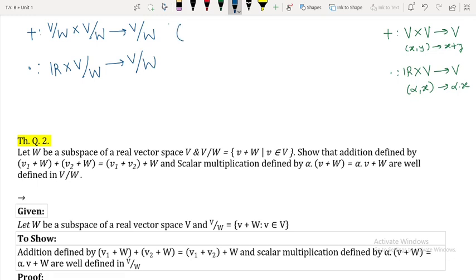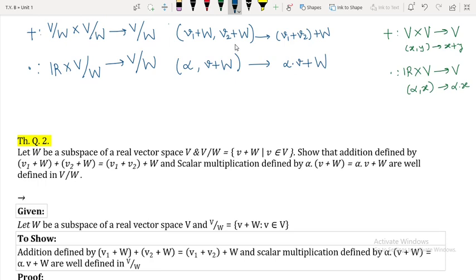They have taken an element as (v1 + W, v2 + W), which maps to v1 + v2 + W. And alpha, (v + W), they have mapped to alpha dot v + W.